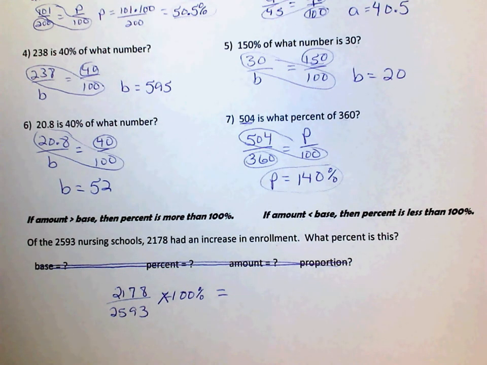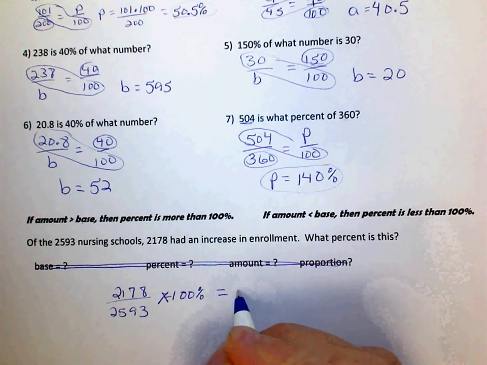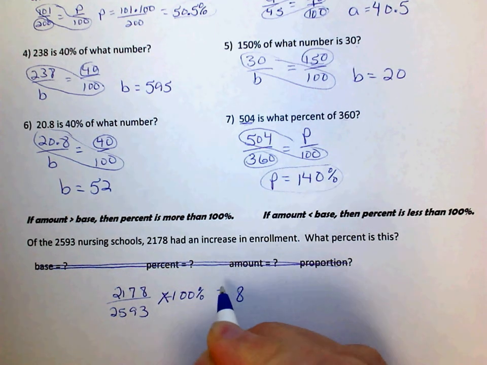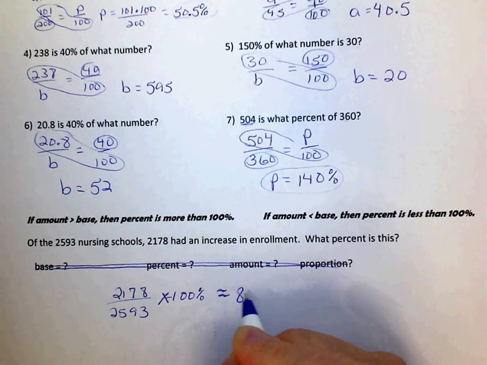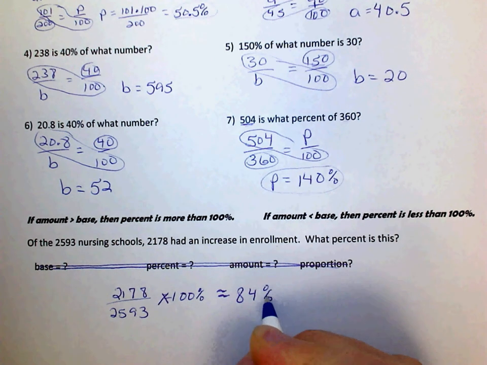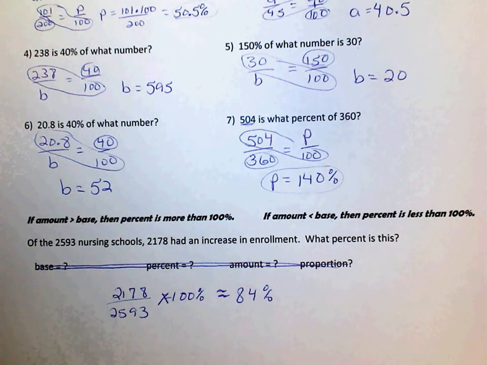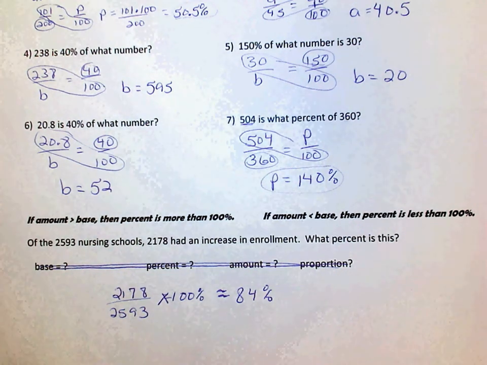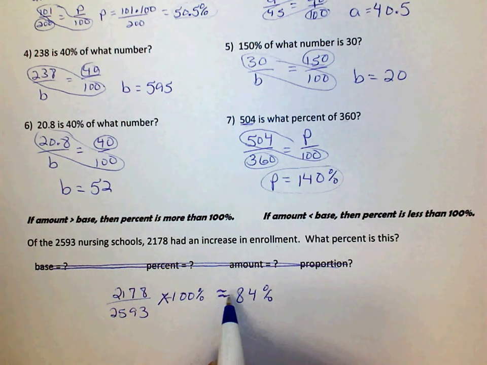So 2178 divided by 2593, then times by 100. And that's approximately 84%. It ended up 83.99537216 and so on. So on this one I would round off to approximately 84%.